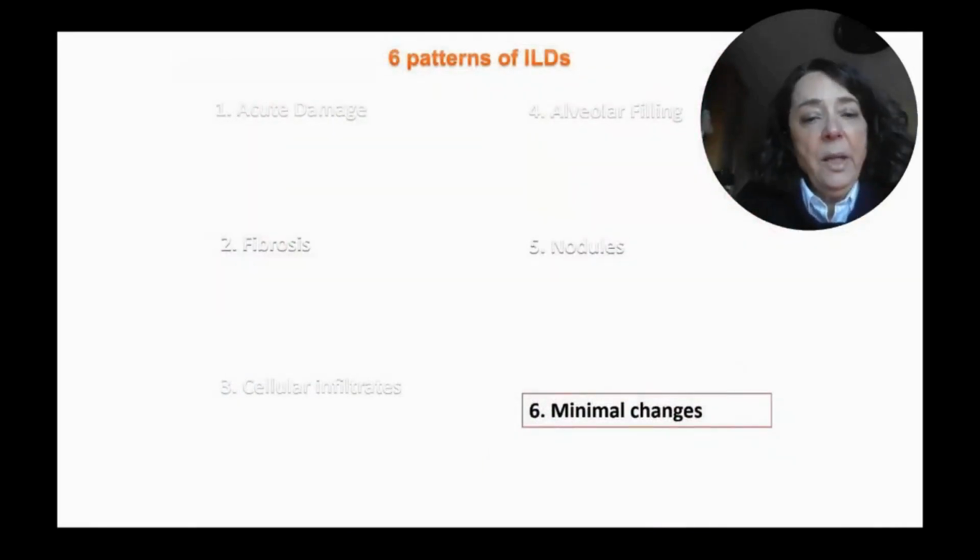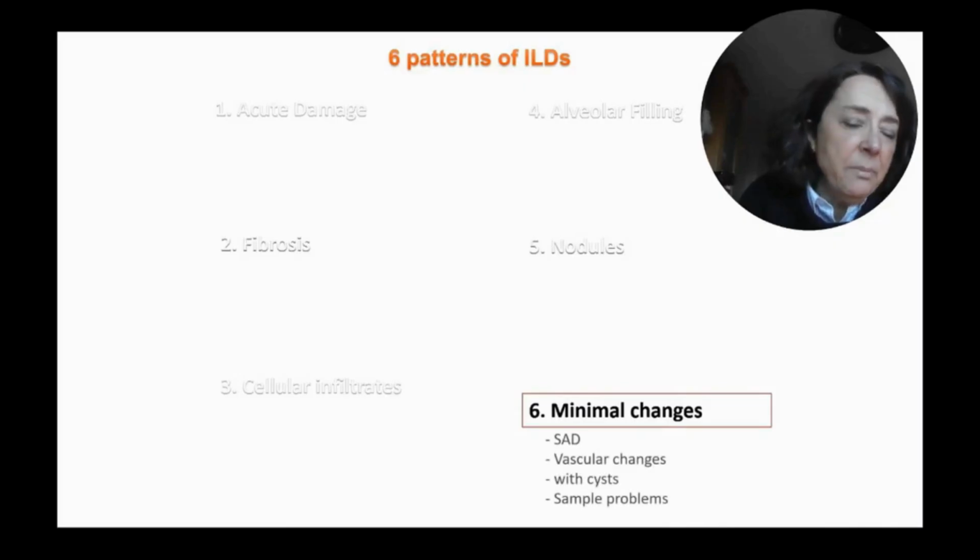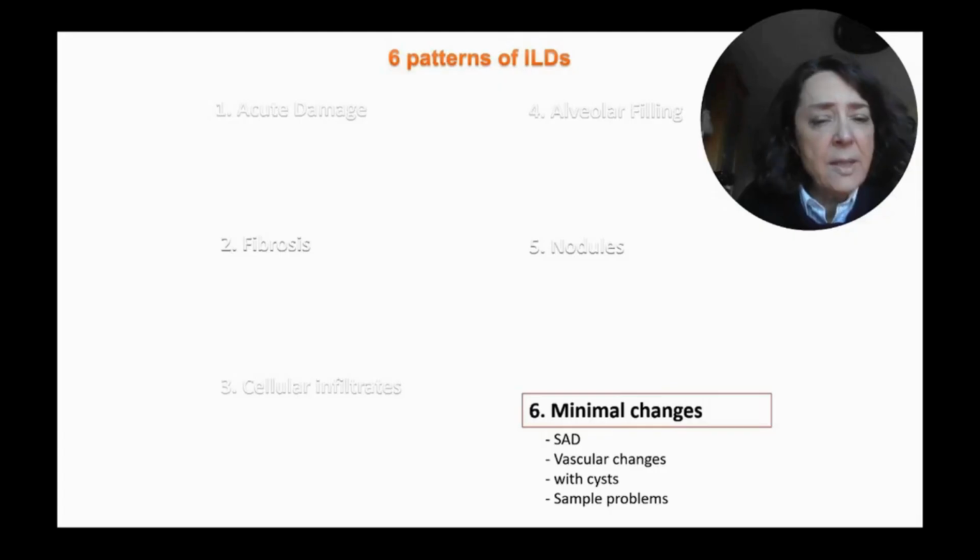So the last one, minimal changes. For me, this is I think the most difficult, because you have to think whether this is a sample problem. Sometimes it's because they didn't take it from the right place. This can be a small airways disease, vascular changes, or if you see cysts, well, then you know that this is the problem.